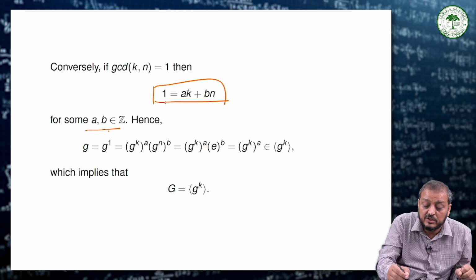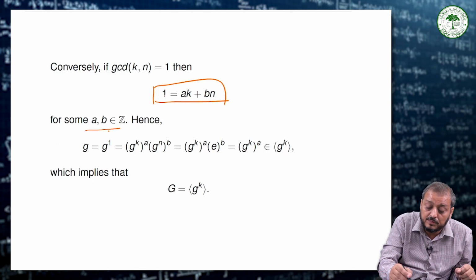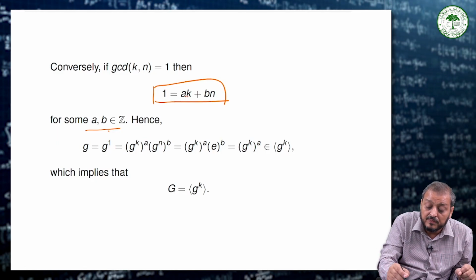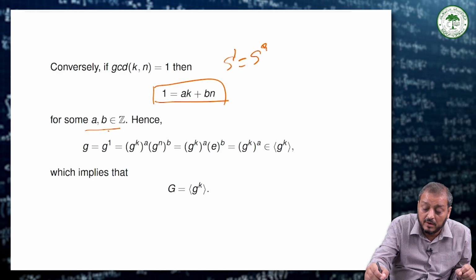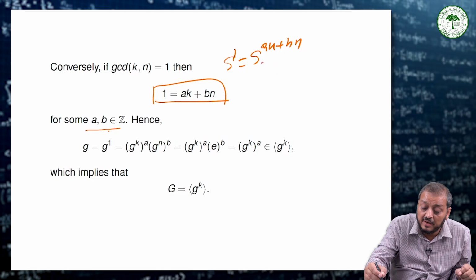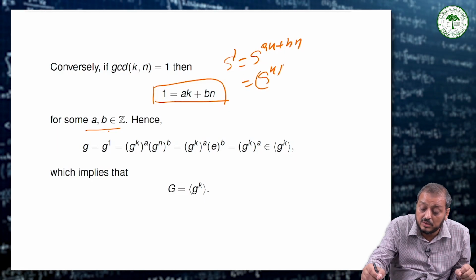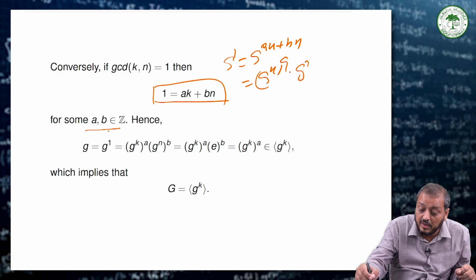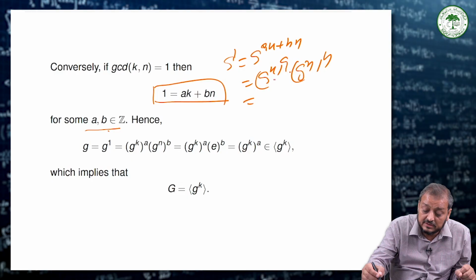Now we take g to the power 1, g can be written as g to the power 1, and here we can write g to the power 1 is equal to g to the power ak plus bn, and this g to the power ak can be written as g to the power k, to the power a, and g to the power n to the power b.